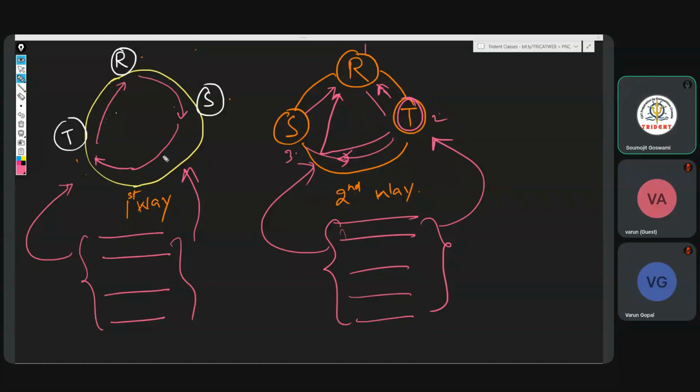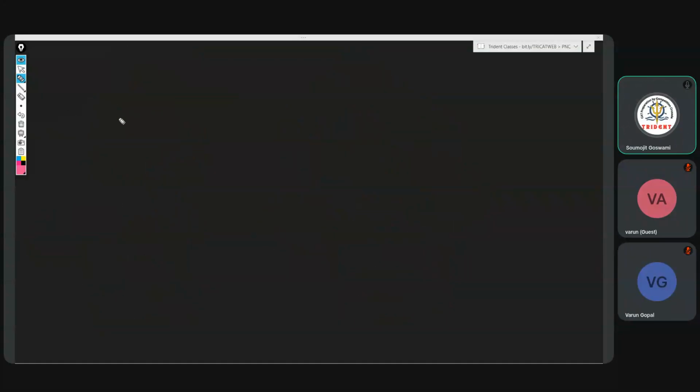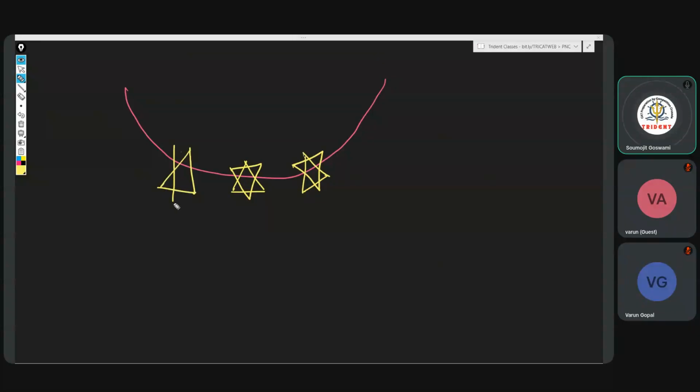Now the peculiar case, let's say, of a garland with a flower. Just to make things a little visual, I am giving them distinctive colors.